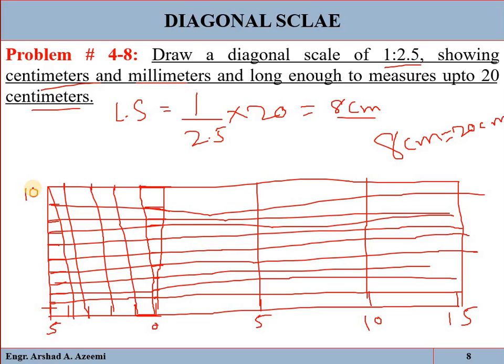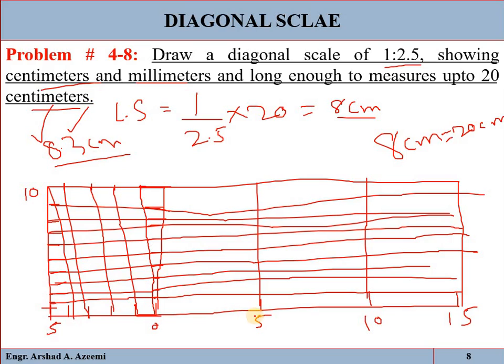Clear? Now suppose you have to represent a distance of 8.3 centimeter. 8.3 centimeter means actually these are centimeter and these are millimeter. 0.3 centimeter means 3 millimeter.